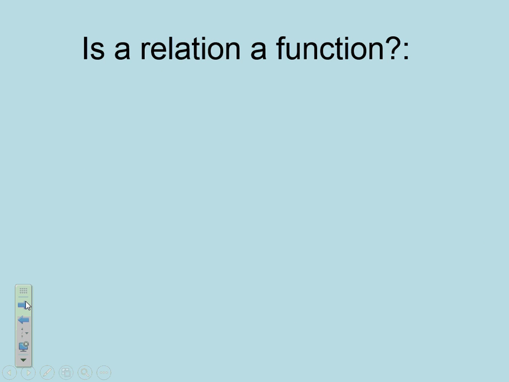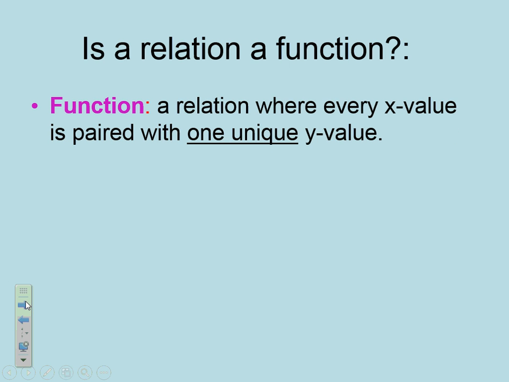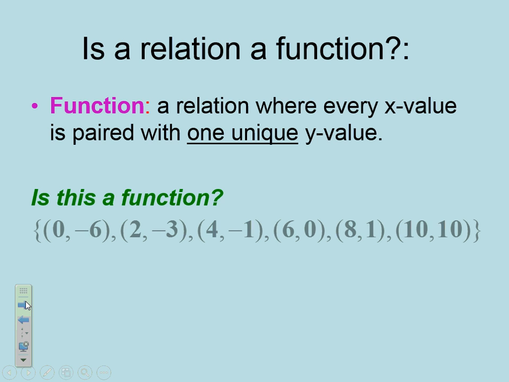Moving on. Now that we've discussed domain and range, it's very important that we know whether a relation is a function or not. To determine that, a function is a relationship when every x value is paired with one unique y value. Alright? So we're going to have two examples here. I want you to get both down, whether or not this is a function.